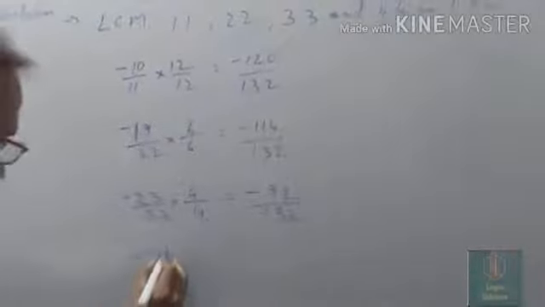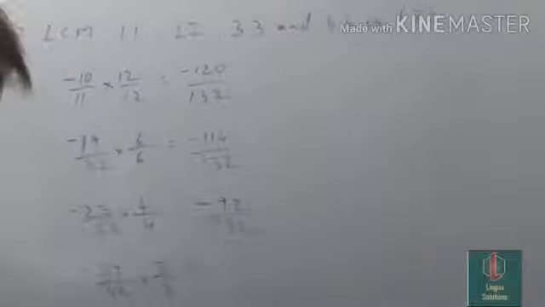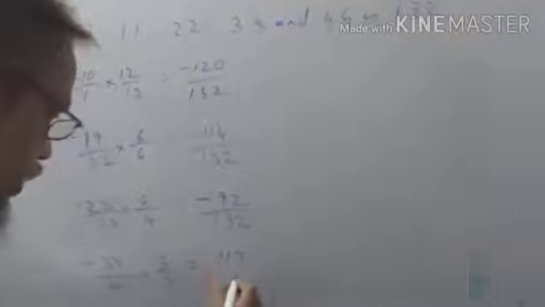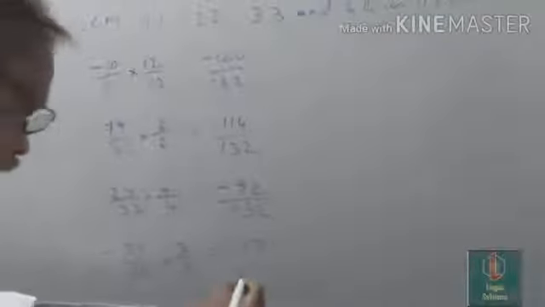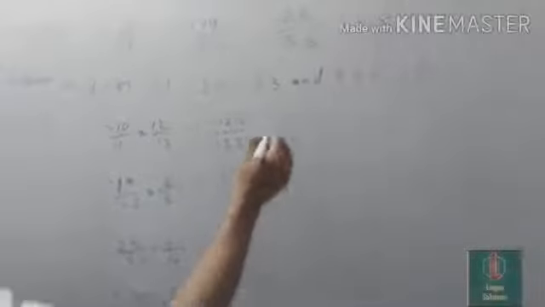Now minus 39 by 44, multiplying it by 3 by 3, we get minus 117 by 132.